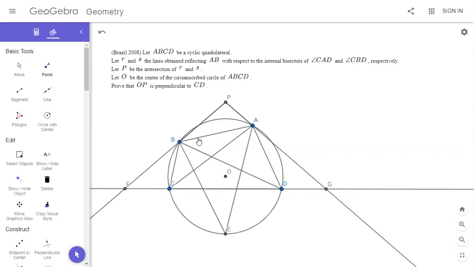So let's see. So BA and BF. So basically, these are both kites. Like FEAB is a kite. Or wait. No, I don't think it's necessarily a kite.